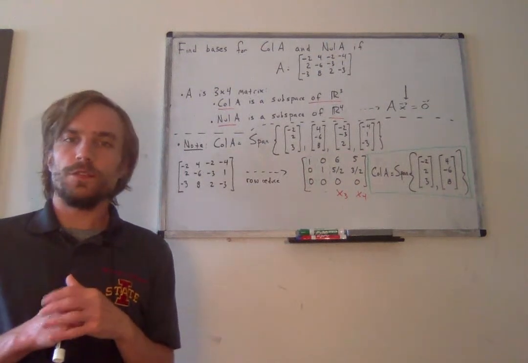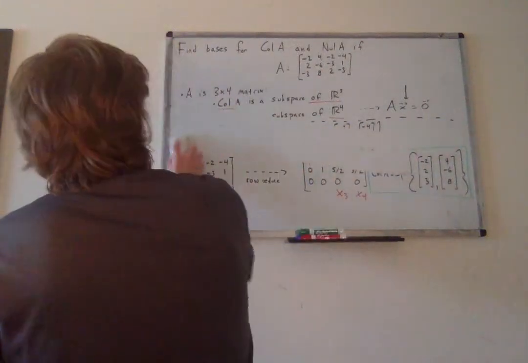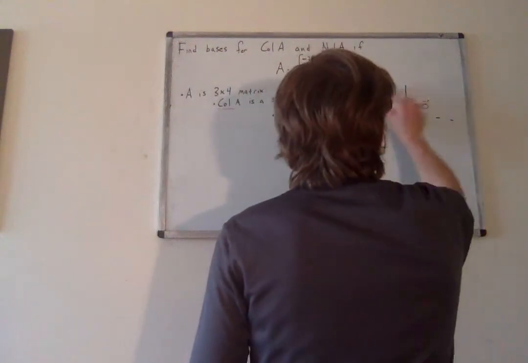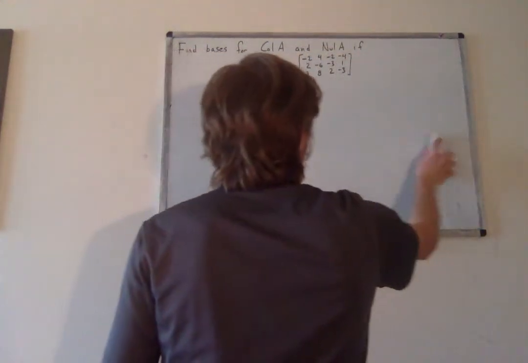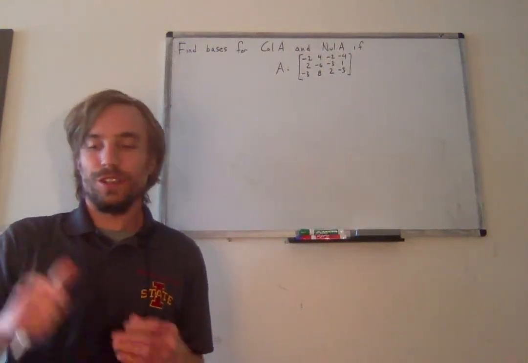How do we find a basis for the null space of A? I also claim that while we haven't mentioned it quite as clearly as the column space problem, we have found bases for null spaces of matrices before.